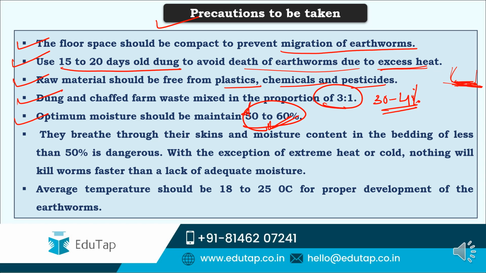They might die of asphyxiation. With the exception of extreme heat or cold, nothing will kill the worms faster than the lack of adequate moisture. So optimum moisture needs to be maintained at 50 to 60%.